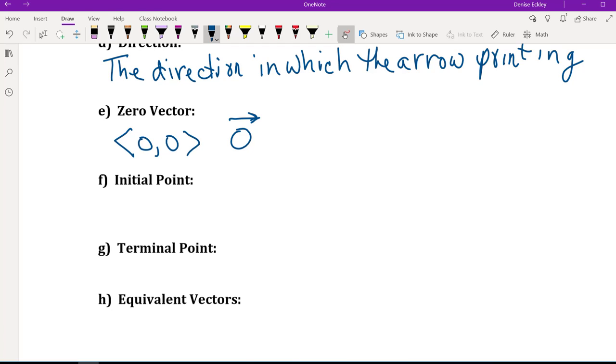And that's another way we're going to represent vectors that you're going to see. Just so you know, this vector has no length and no direction.